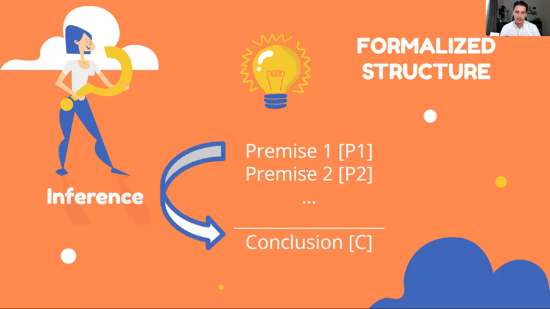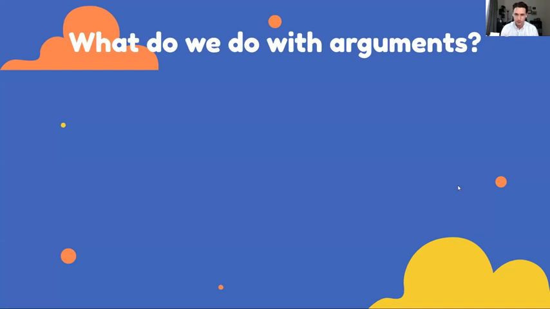So that's why it's important that these three not be completely separate. There must be something that connects the premise or premises to the conclusion. Otherwise, we don't even really have an argument. So there must be that inferential link, we might call it, between the premises and the conclusion.